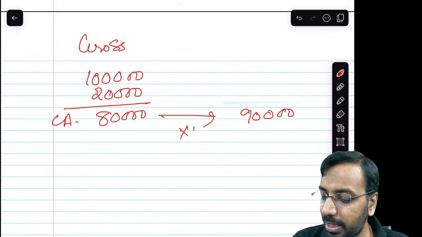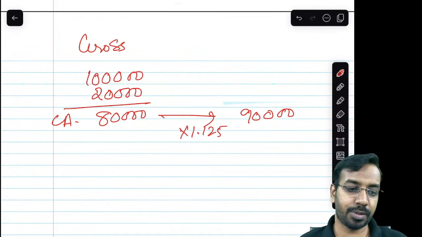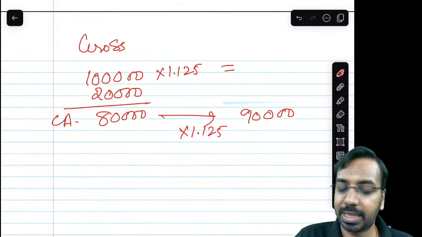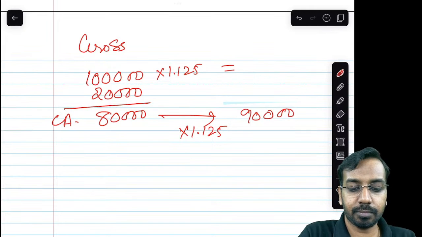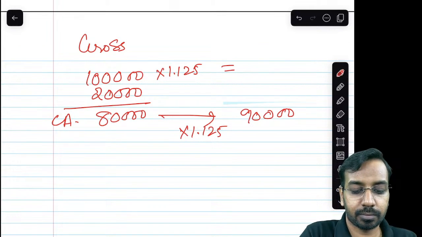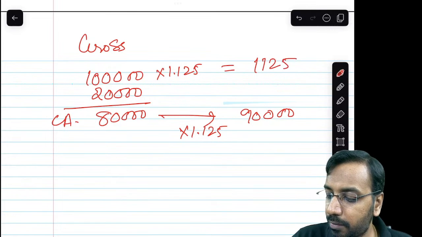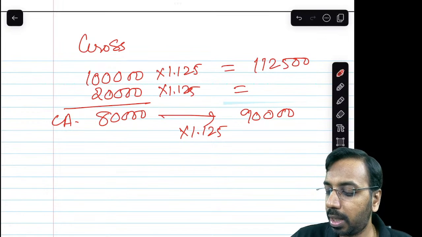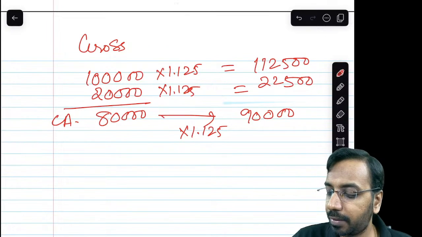I am multiplying it by 1.125 times. So here also I will multiply the cost by 1.125 times, which gives me 1,12,500, and the depreciation also 1.125 times. When I do, I get 22,500.